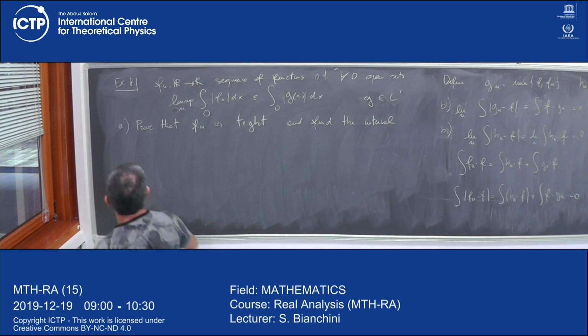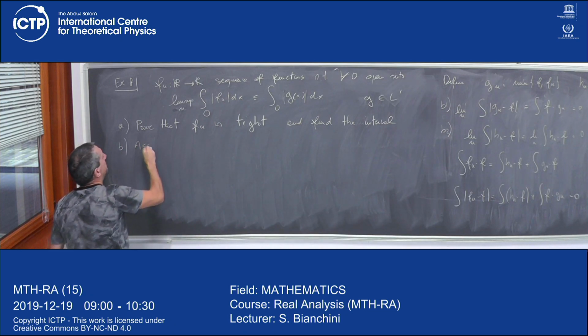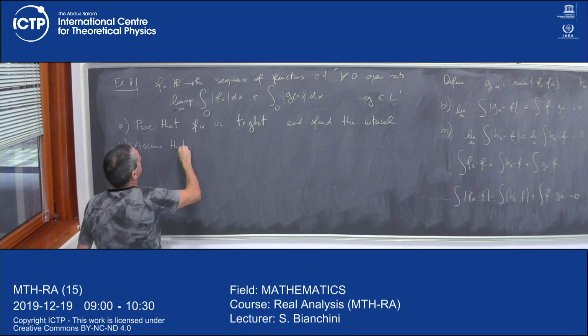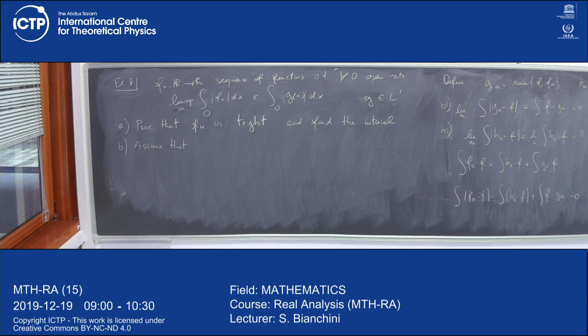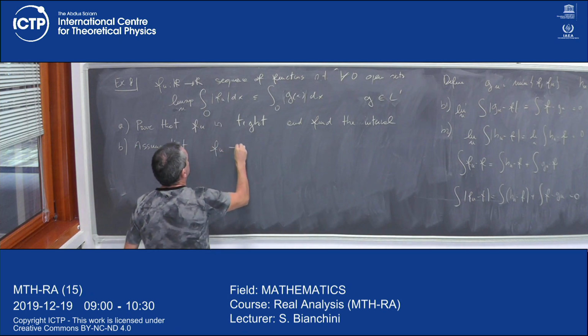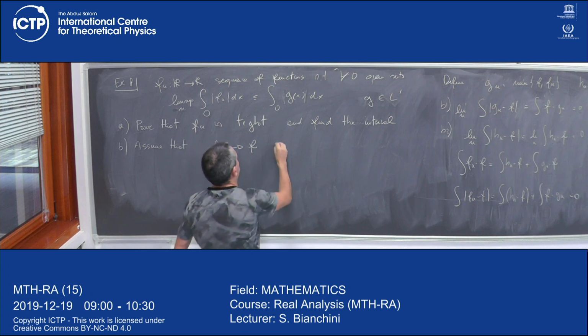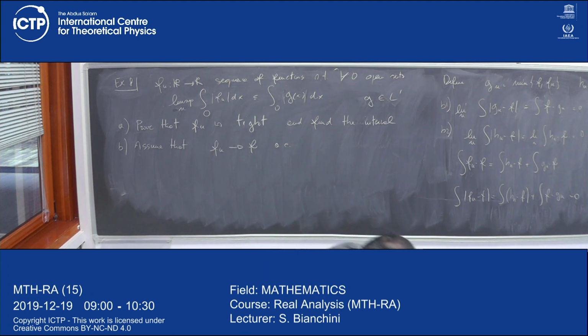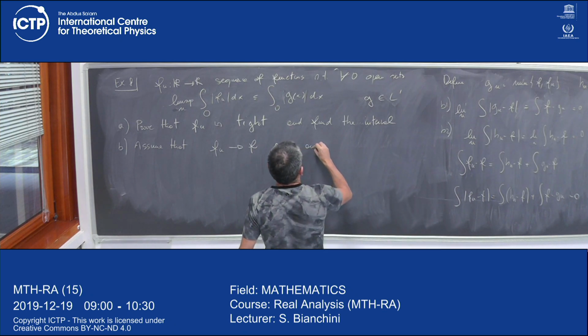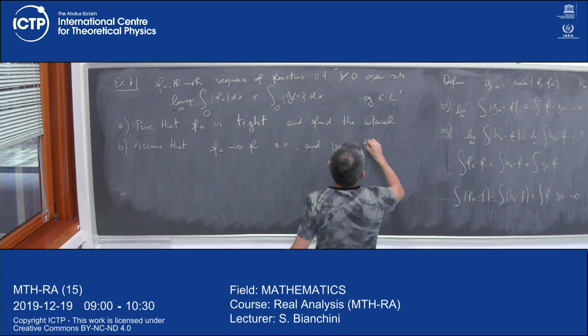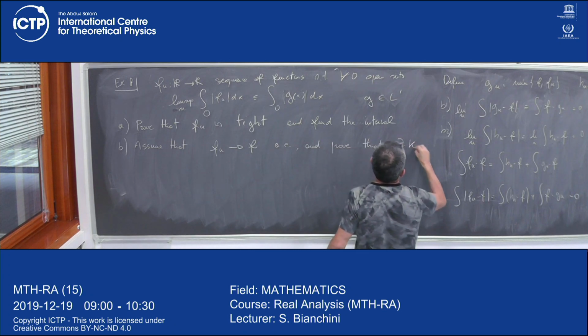B. Assume that Fn converges to F almost everywhere, and prove that there exists K compact.